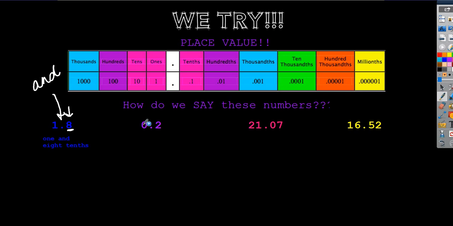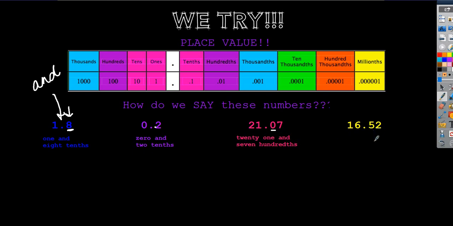So here we have 0 and 2. It ends in the tenths place, so it's 0 and 2 tenths. Here we have 21 and 7 hundredths. Notice I didn't read the 0. I ignored the 0 and just said the number 7 and ended it with hundredths.